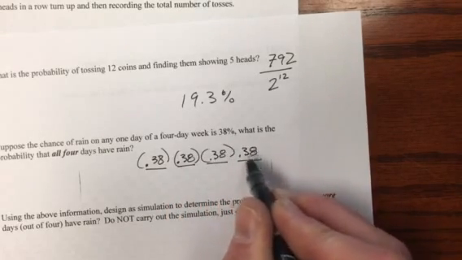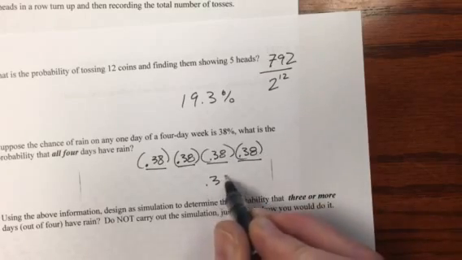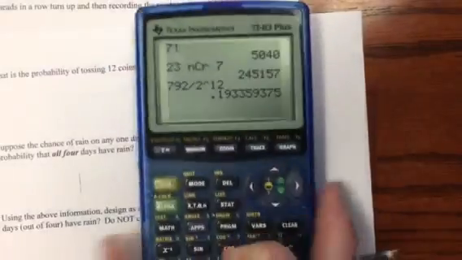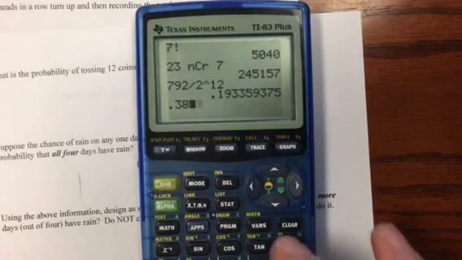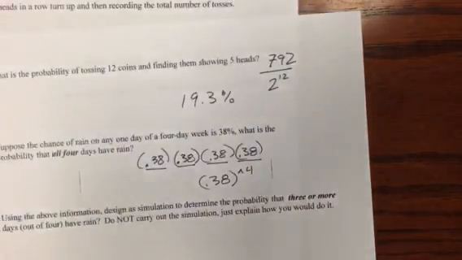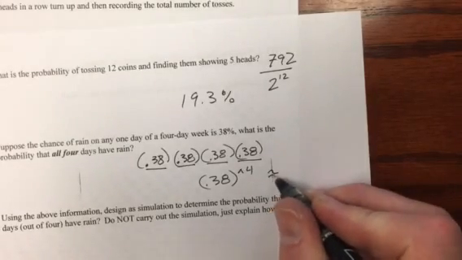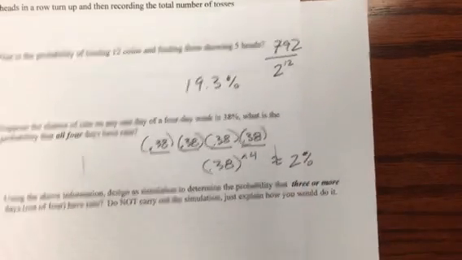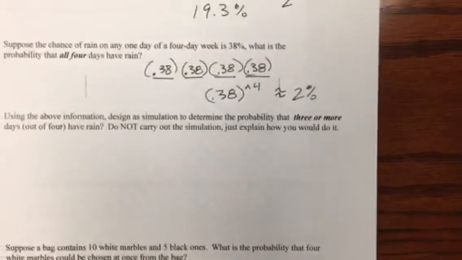You don't need to write this all out. You can write 0.38 caret to the 4th. What is that? 0.38 caret to the 4th. I get 0.02, approximately 2%. That's a pretty unlikely chance that you're going to get rain 4 days in a row.